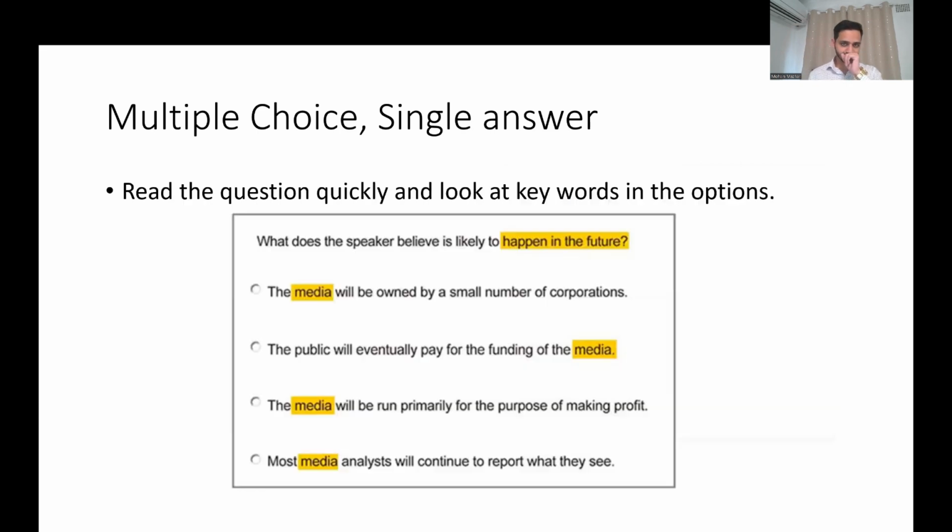Okay, now let's look at this example. I just want to share one example before we dive into practice. So read the question quickly and look at the keywords in the question and in the options. In the multiple choice single answer, I would suggest you read the options very quickly, but only the keywords.